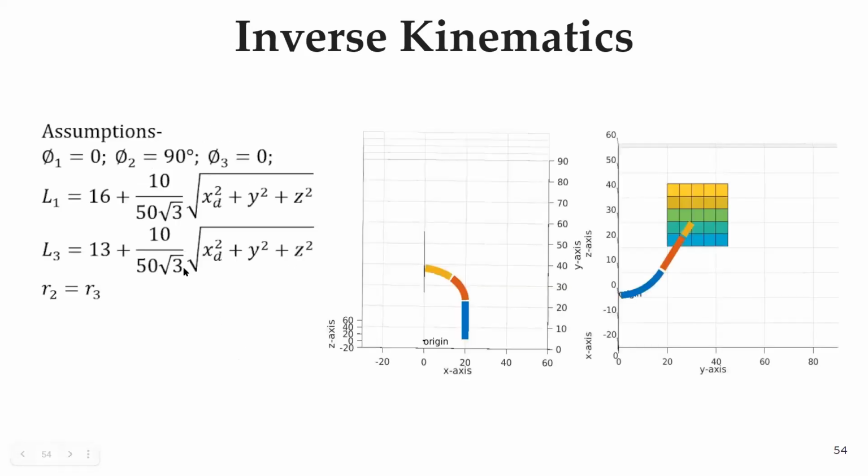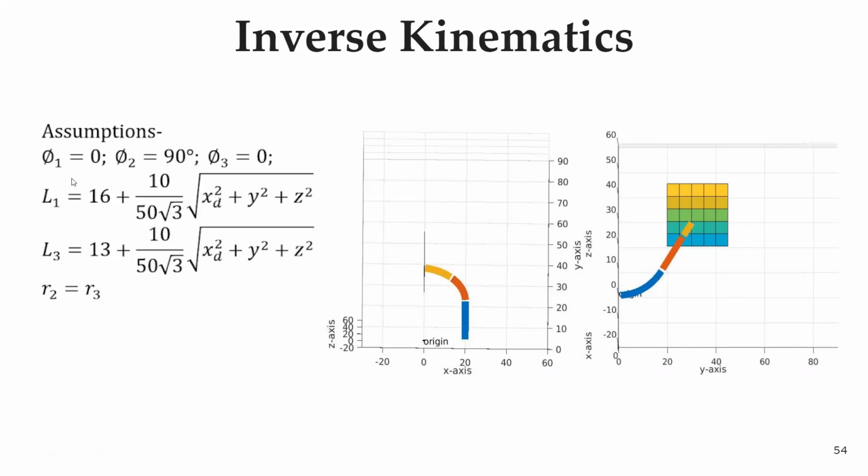Firstly, I'm defining some assumptions. So phi 1 will be 0, phi 2 will be 90, and phi 3 will be 0, and L1, L2, L3 will be like this. They are basically interpolated as per the distance of the point, and the radius of curvature of the second and third section will be the same.